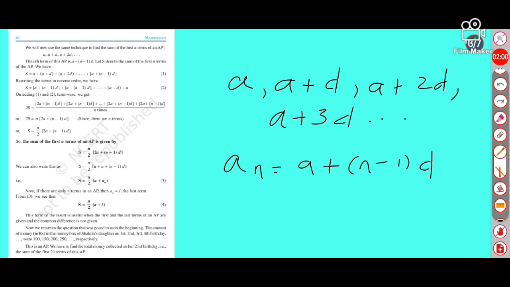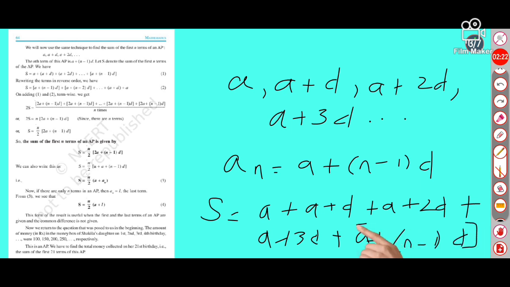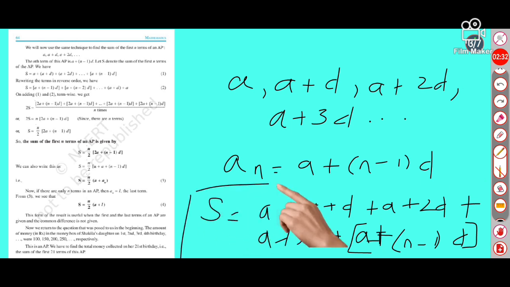So the sum value is nothing but a plus d plus a plus 2d plus a plus 3d, and it goes on to a plus n minus 1 into d. This is the nth term, which we don't know, the term value. Say it may be the 54th term or 55th term, whatever it may be. This is the most general format of the sum.